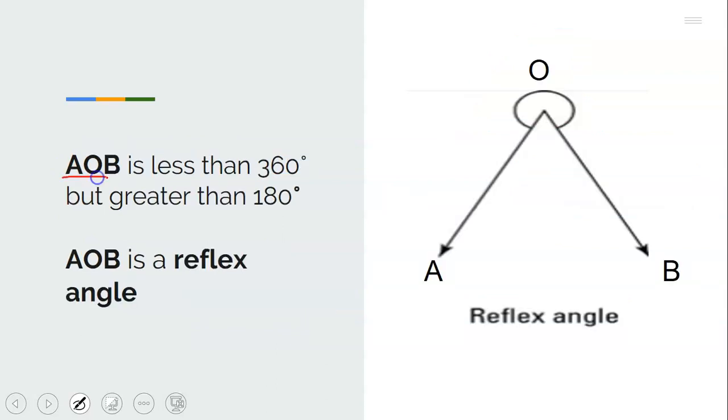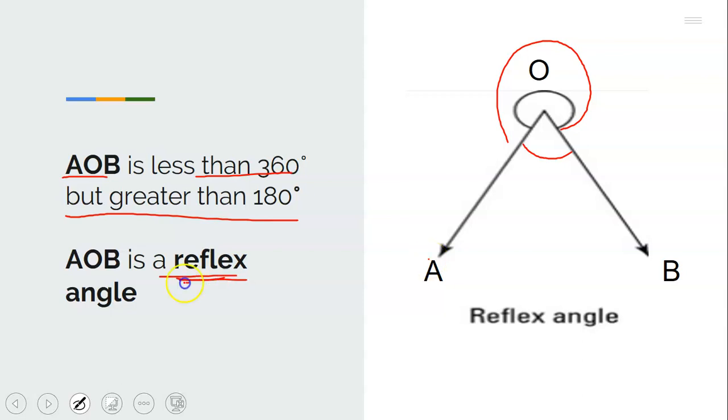Now, AOB is less than 360 degrees but greater than 180 degrees. You can see inside is an acute angle, but when you are now considering the outside, we have a reflex angle. That is, AOB from the outside is a reflex angle.